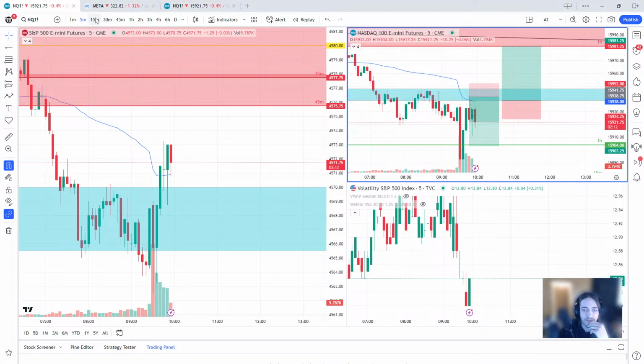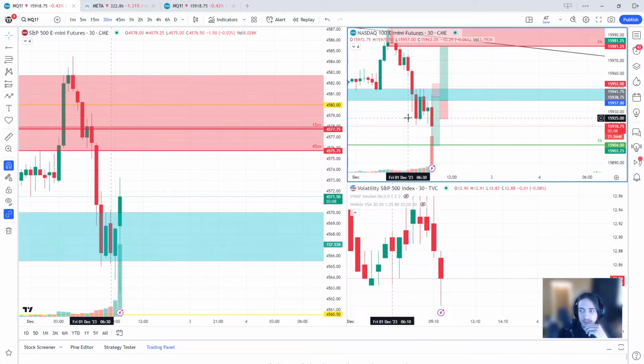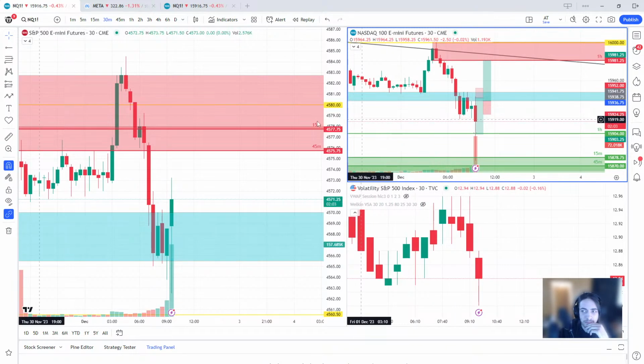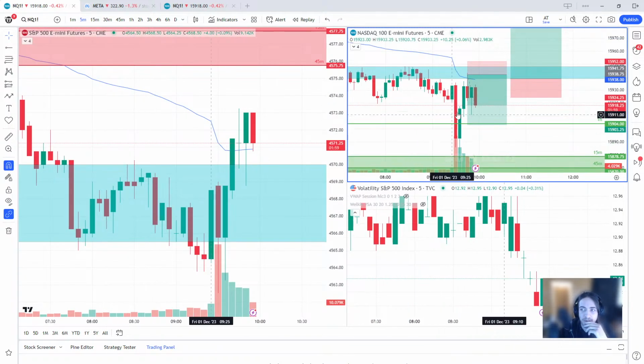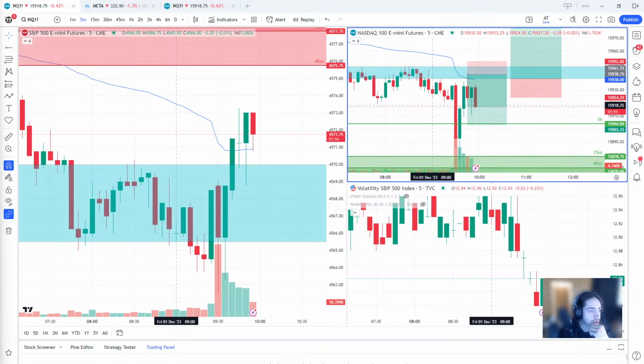Let's check out these other time frames, guys. 30 minutes still looks bearish, though. So let's see where the 30 wants to bring us. I want this 5 to continue lower with strength, and then I think we're going to continue this trend lower.